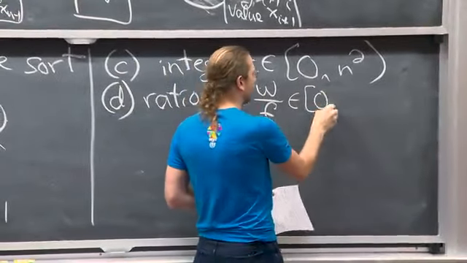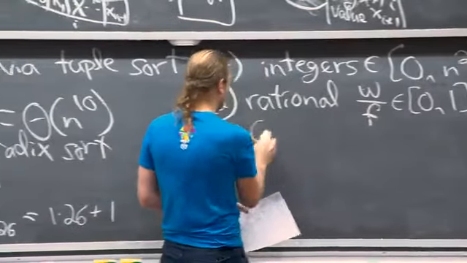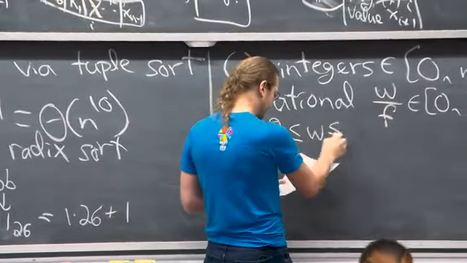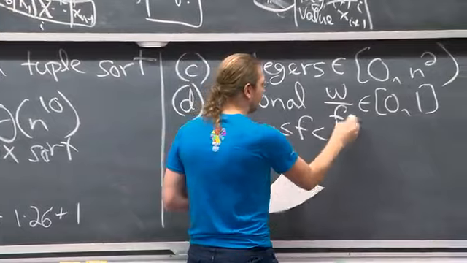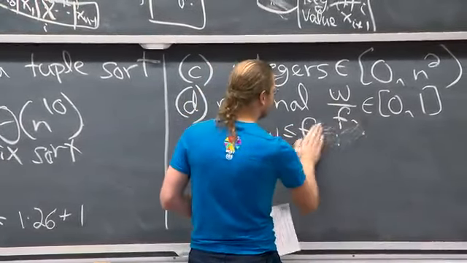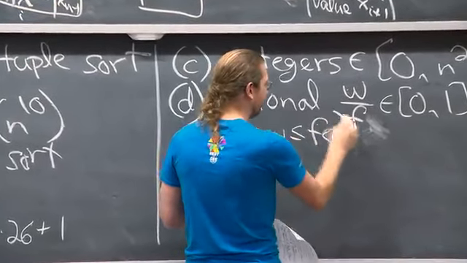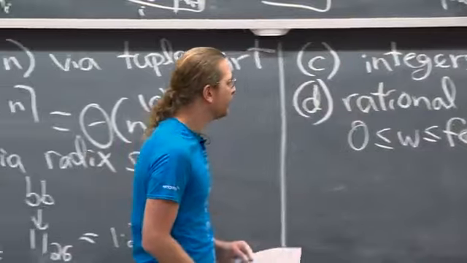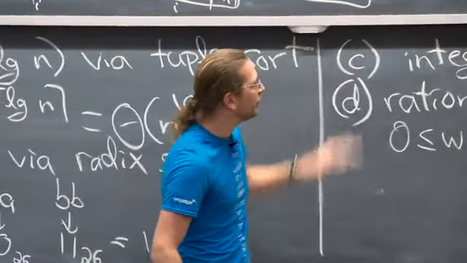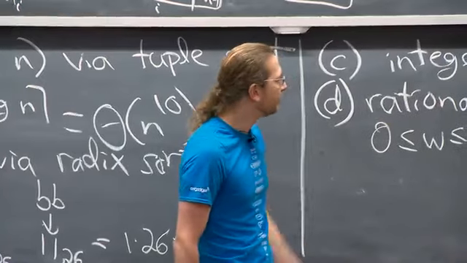Always in the range 0 to 1, as we say W is at most F, and 0 is less than W, F is less than n squared. Those are separate statements because the F actually comes from part C. C is really a setup for this one. Doesn't really matter what this means.